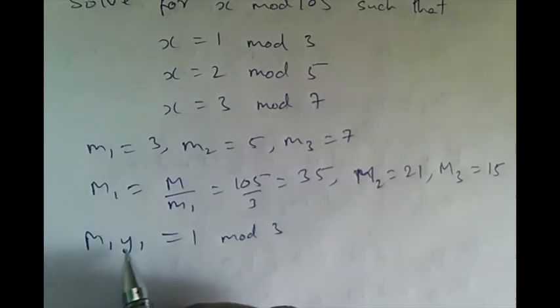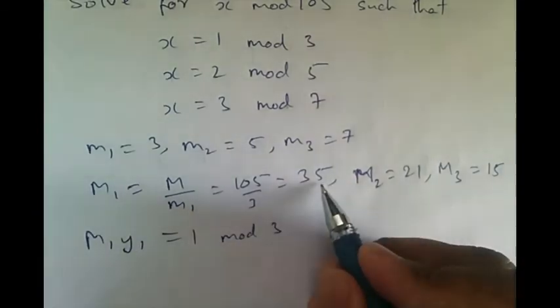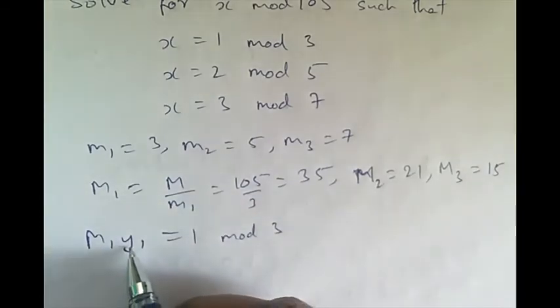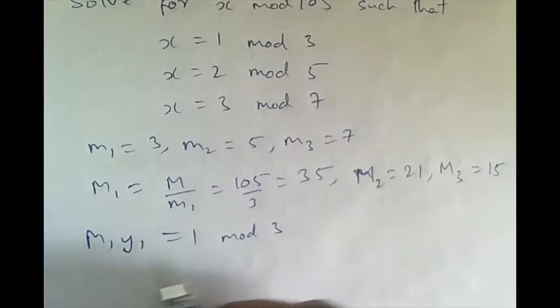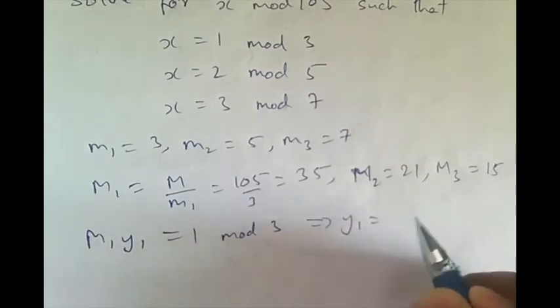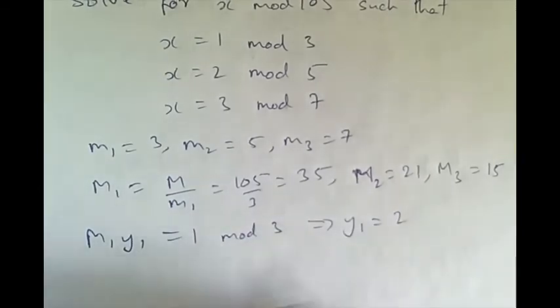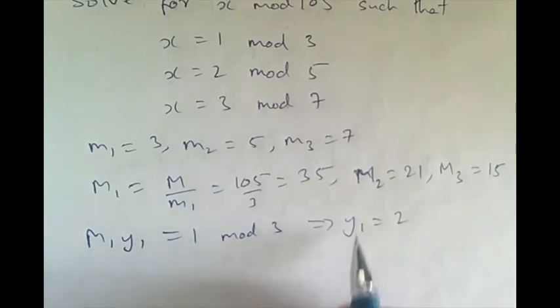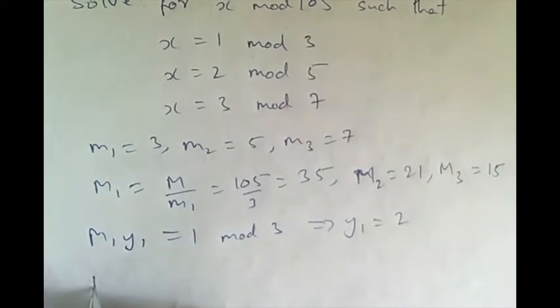So let's try y1 equal to 1, doesn't work. y1 equal to 2 works because 35 times 2 is 70. 70 is 69 plus 1. So y1 equal to 2 works.